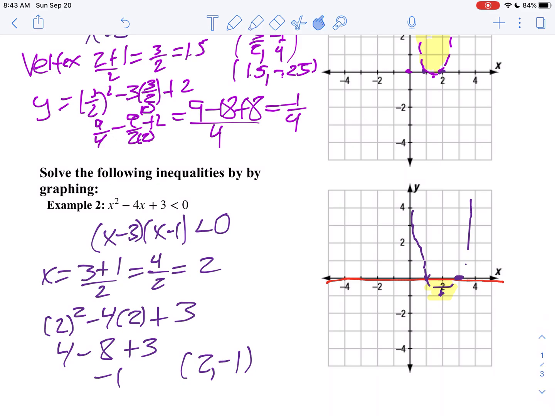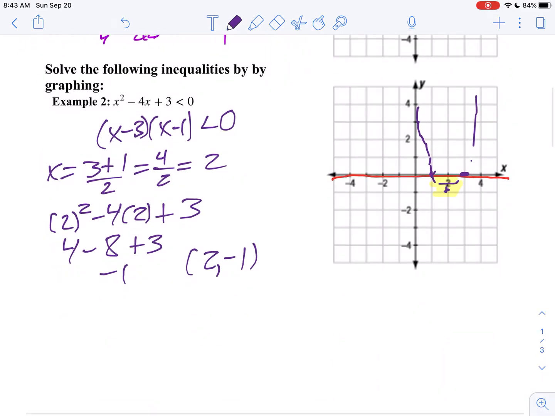So my solution is x, since it's less than and there's no line under it, it does not include my points 1 and 3. So it goes from 1 to 3. Any value of x from 1 to 3, non-inclusive, is going to be a solution to your inequality. And there you got it.